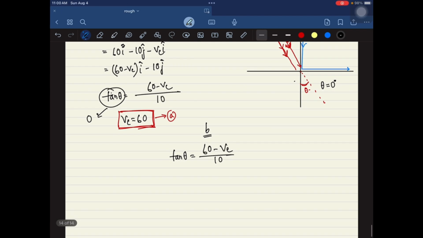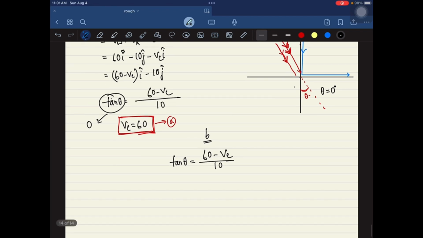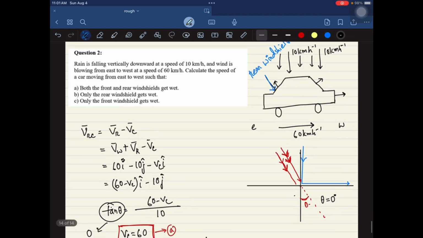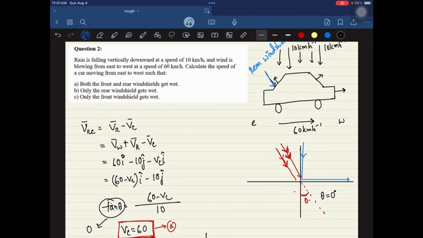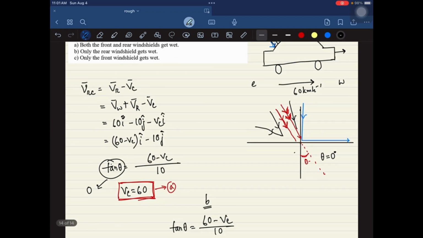So tan of minus theta equals minus something, and that is a range. The rear windshield will get wet, and that is not an actual value or actual direction. It could be this direction, or this direction, or this direction. There are a lot of possible ways that the rear windshield can get wet.